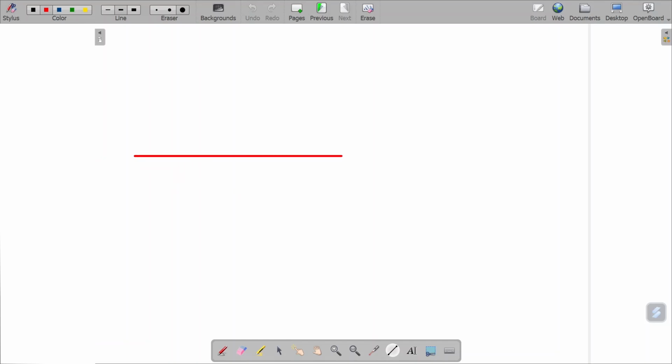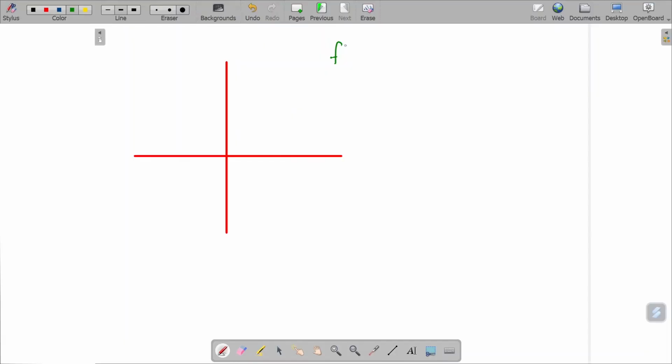Well, again, let's go back and look at some theory. Let's look at an exponential function, for example, f of x equals 2 to the x plus 1, a really simple setup.